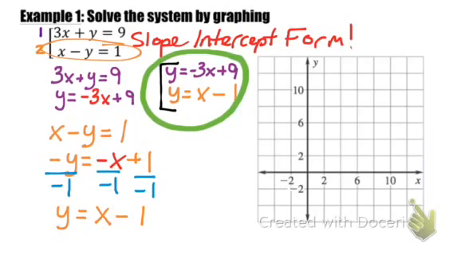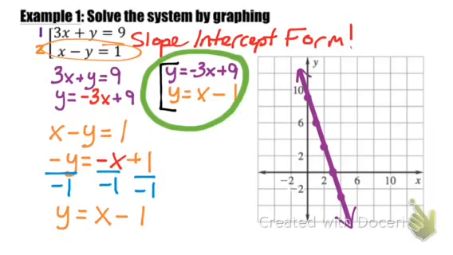So taking the first line, y equals negative 3x plus 9, I'm going to graph my y-intercept at positive 9, and since my slope is negative 3, I'm going to go down 3 over 1, down 3 over 1, down 3 over 1, down 3 over 1, and then connect my dots with a straight edge. And there's the graph of the first equation in my system.